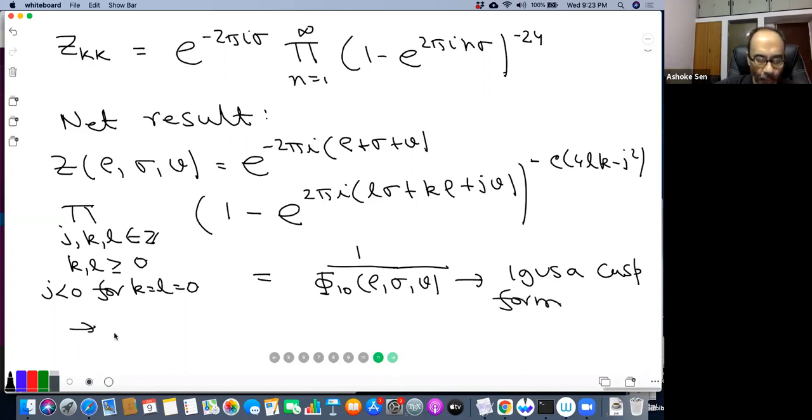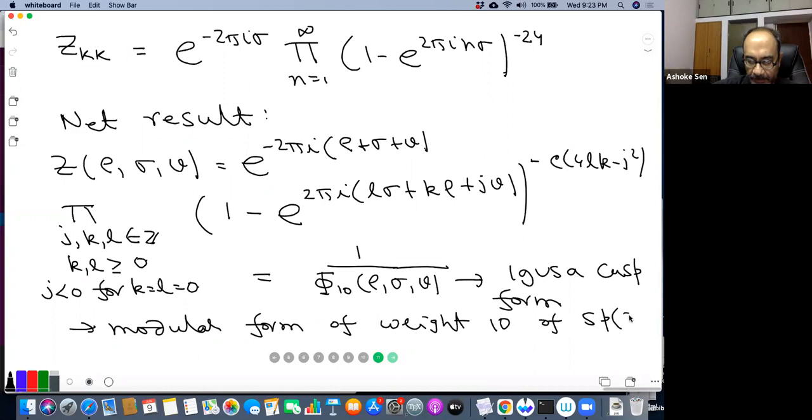This is a modular form of weight 10. That's why this phi 10, of Sp(2,Z), which is the modular group of the genus 2 Riemann surface.